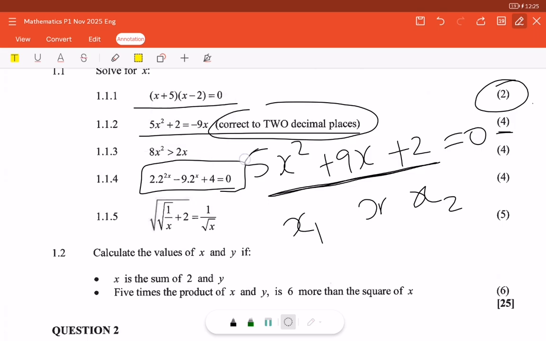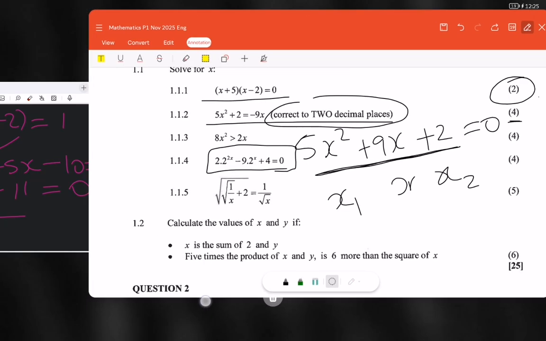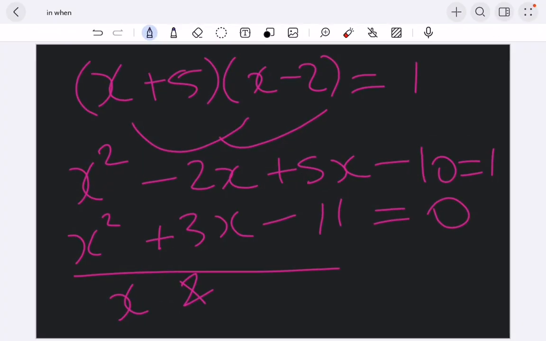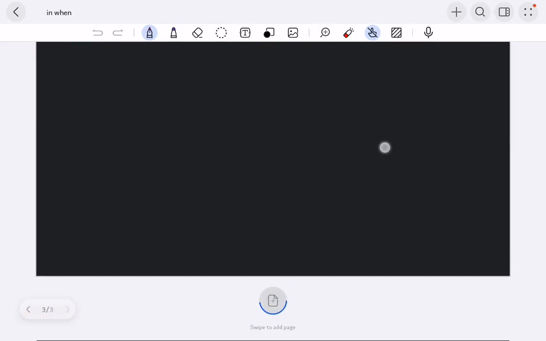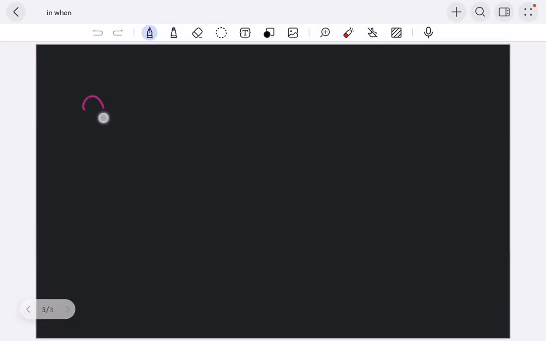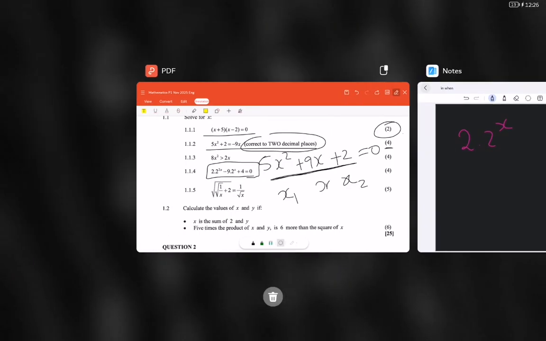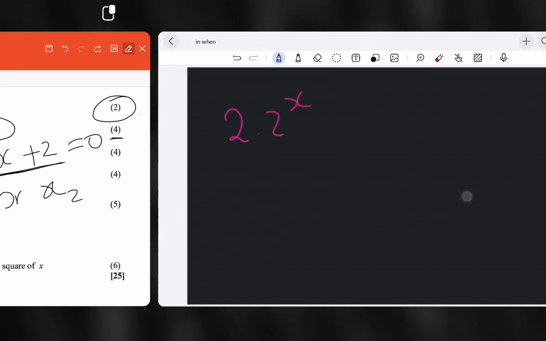Okay, so I'm just going to say 2 times 2^x. Okay, I'm just going to say 2 to the x, and then what do I have? I have minus 9 times 2.